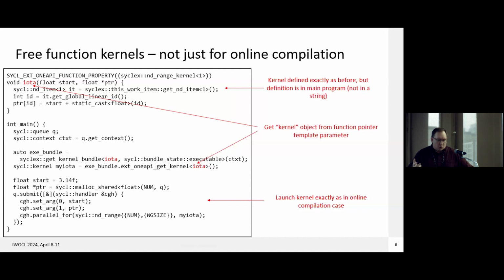Rather than calling the build function, we have a new overload of get kernel that takes the kernel's function pointer as a non-type template parameter. And once we have the kernel object, the rest of the code proceeds as normal. So in this case, we just literally use the function pointer from the function and pass that in.